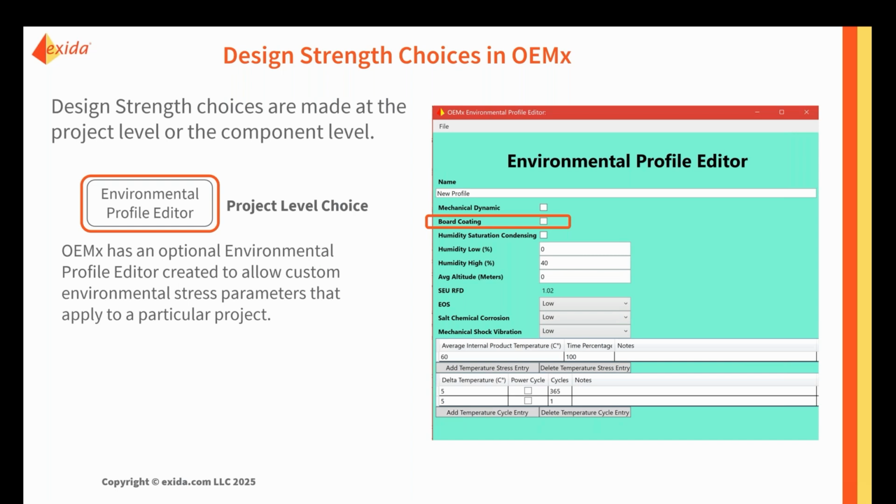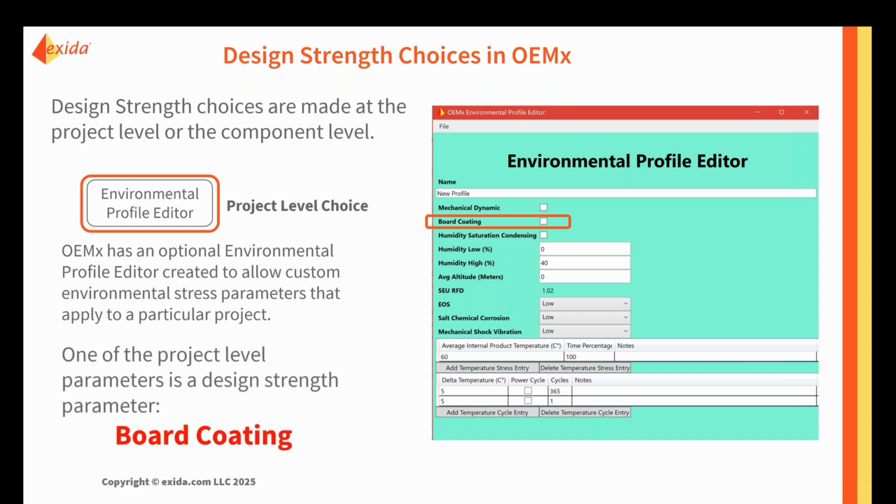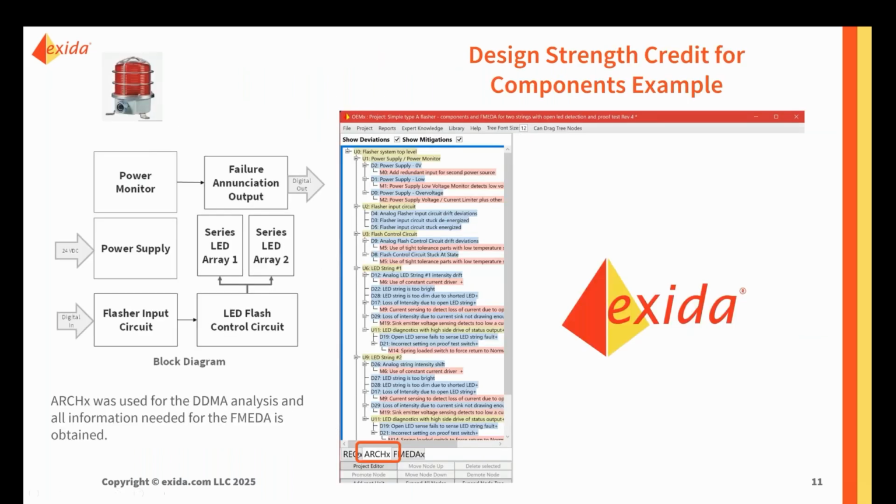And one of the project level choices is board coating. You know, that gets all the components at once. So we'd make a project level choice, but for the most part, we choose design strength features at the component level.